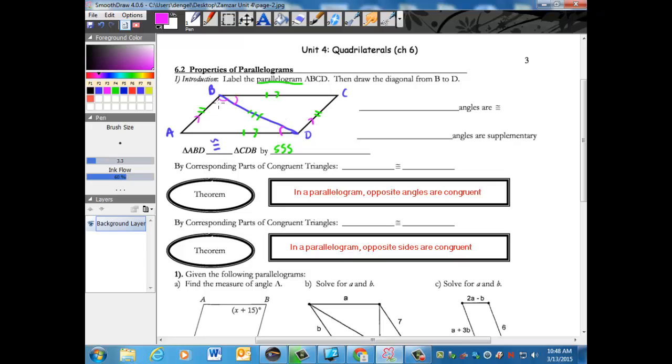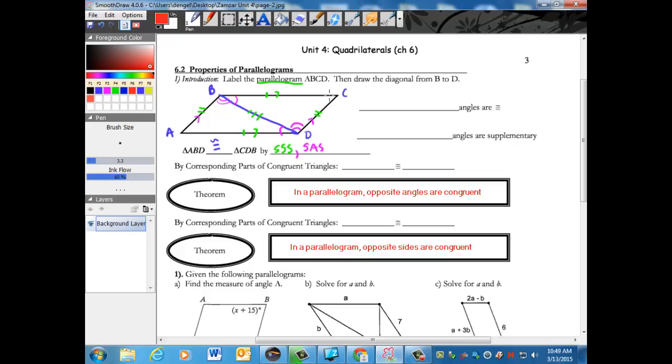These two angles are congruent by alternate interior angles, and these two lines are parallel. So now what I've created is side angle side, and side angle side, so I can put SAS.